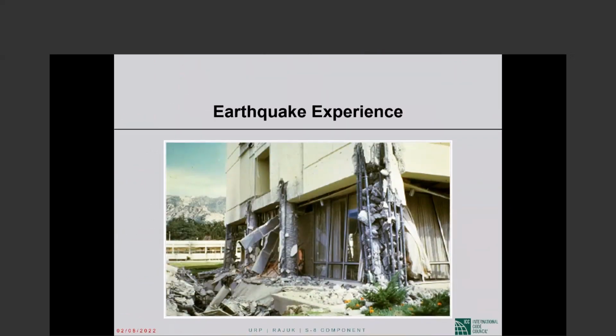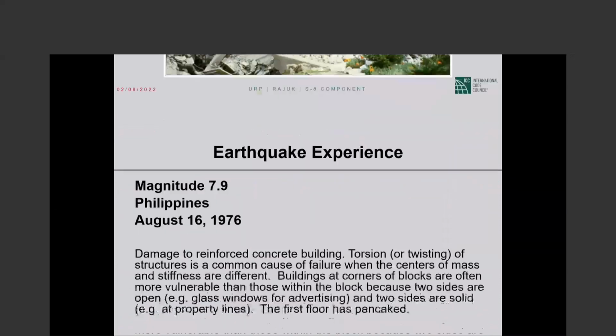The problem was the soft story, the columns supporting the discontinued shear walls. If the columns had been designed properly and detailed properly, the building probably would have stood up. That's besides the point. The point is that the irregularity poses a challenge. It causes a problem that has to be addressed.